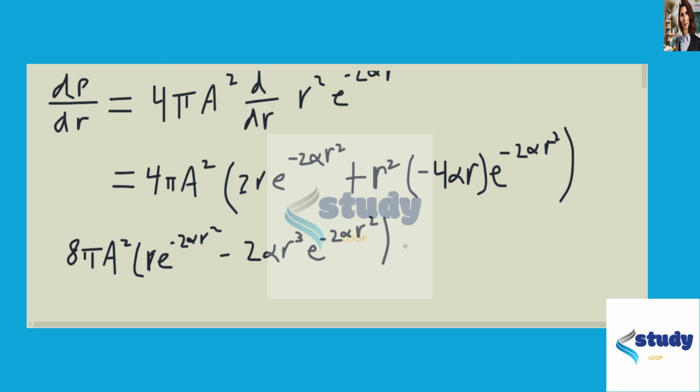This is all 0. So we can divide by 8 pi A squared, and that'll cancel out. And then we can also pull out the e to the minus 2 alpha r squared, so that's also going to cancel out.